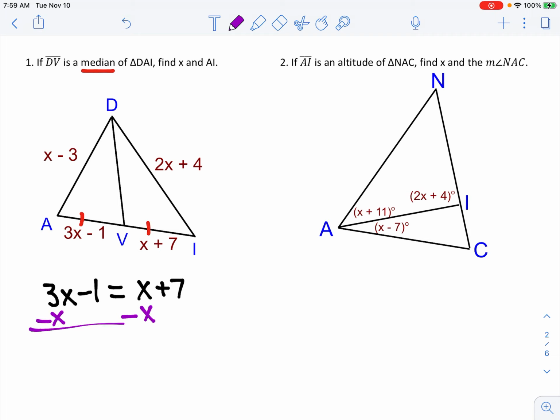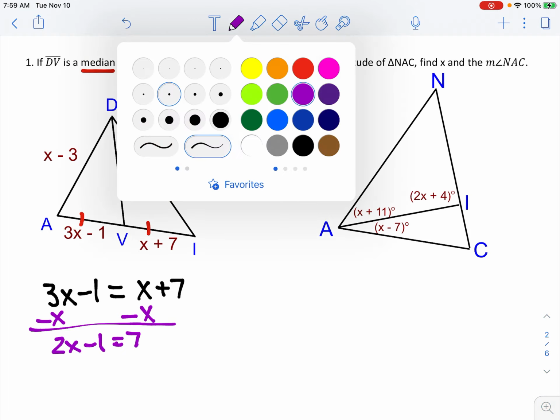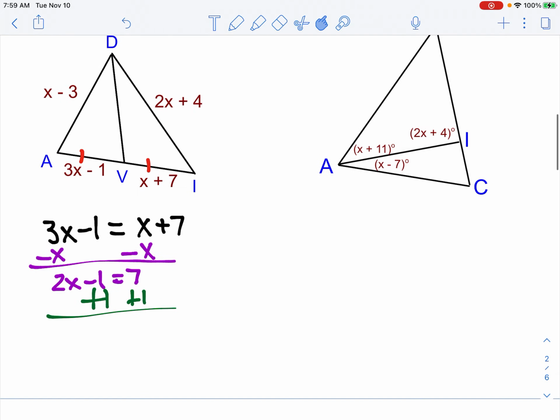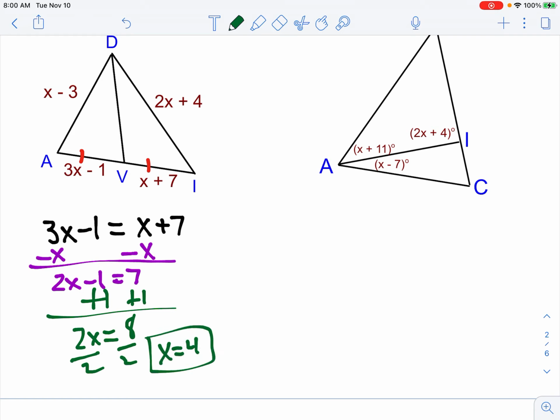If I subtract x, I'm left with 2x minus 1 equals 7. If we move our 1 over, plus 1 on both sides, we're left with 2x equals 8. If I divide by 2, I get x equals 4 for the first part.